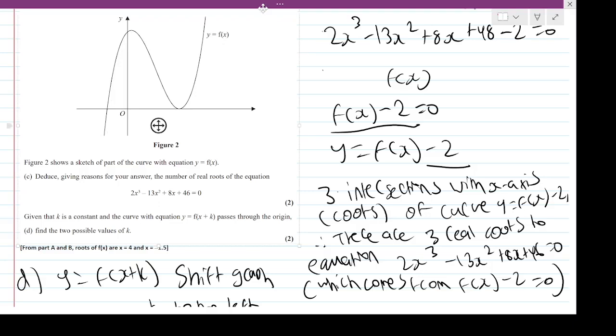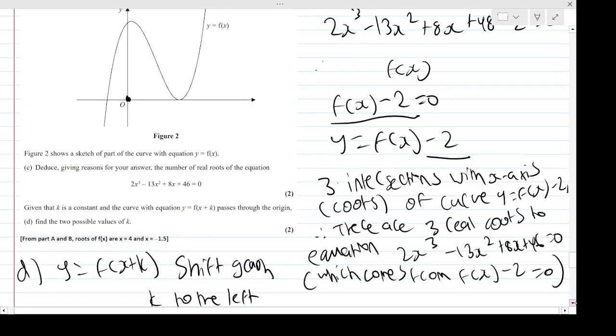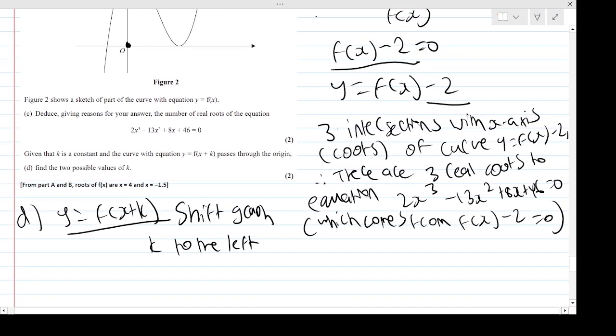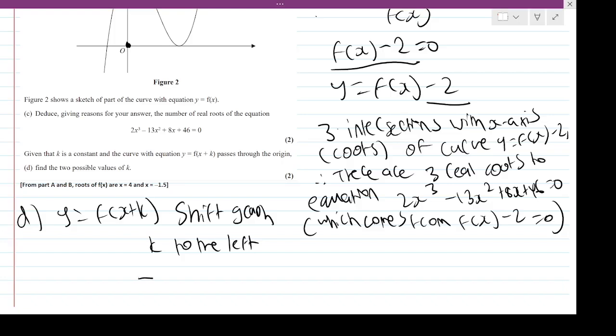So let me get rid of this to make it more neat again. So it's going to have to pass through here, the origin. So again, let's discuss. This f of x plus k represents a shift k to the left. However, if k is negative, if I'm moving minus k to the left, well, that's equivalent to k to the right.